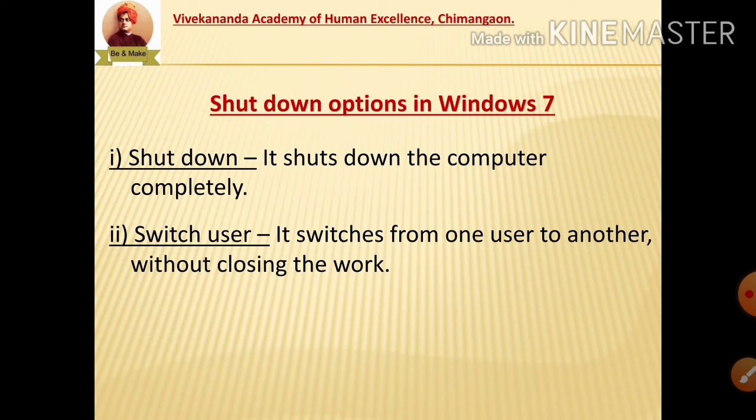The second option is switch user. This option is used to switch from one user to another without closing my work. It means I am not going to close whatever windows are open on the desktop, but I can switch from one user to another user.